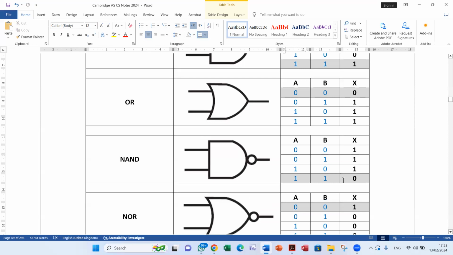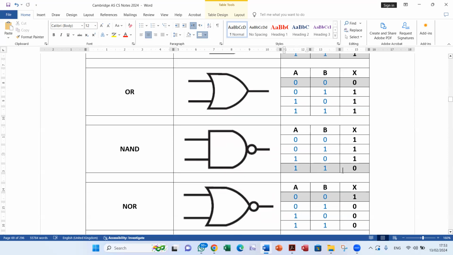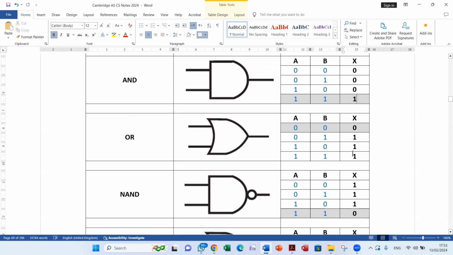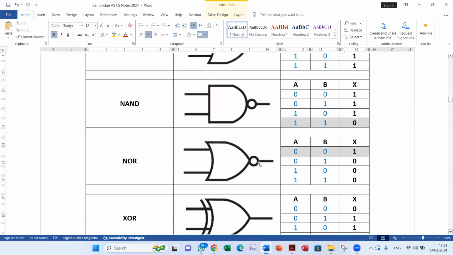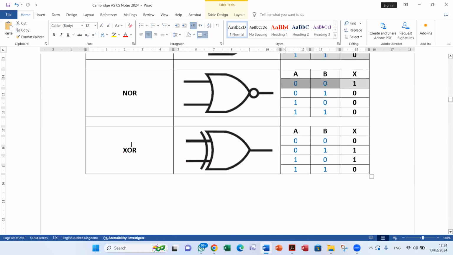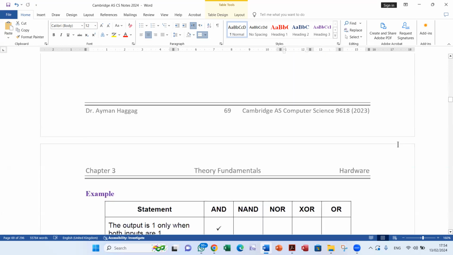So in the NAND gate, the only time it produces 0 is when both inputs are 1, just opposite to this. Here, the only time it produces 1 in the NOR gate is when both inputs are 0. Here, if both inputs are the same, 0, 0 and 1, 1, it produces 0. If inputs are different, 0 and 1 and 1 and 0, then it produces 1.